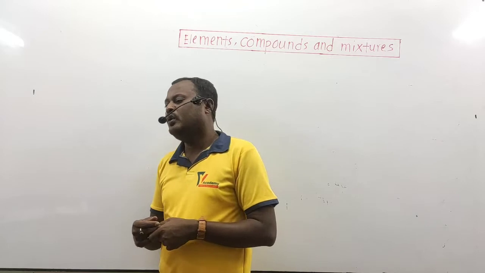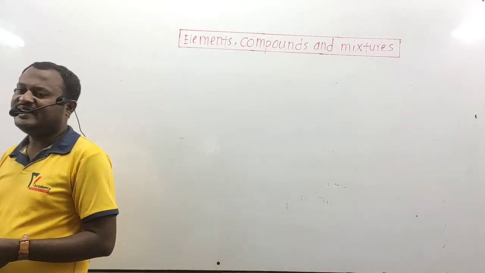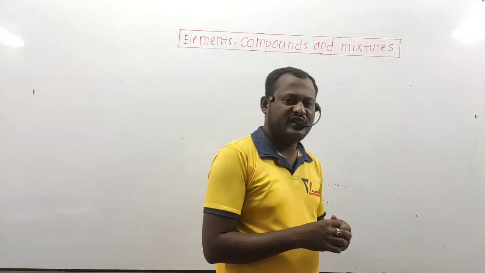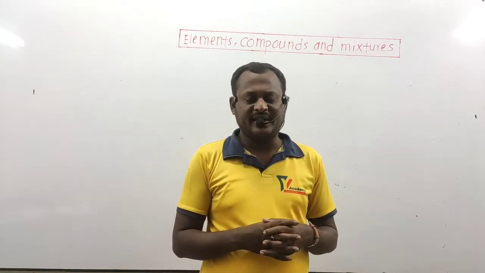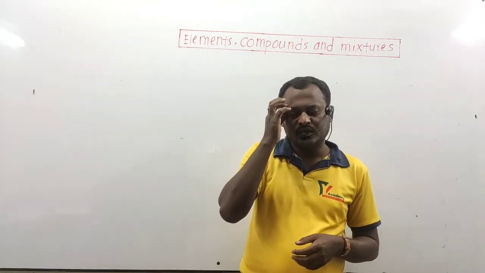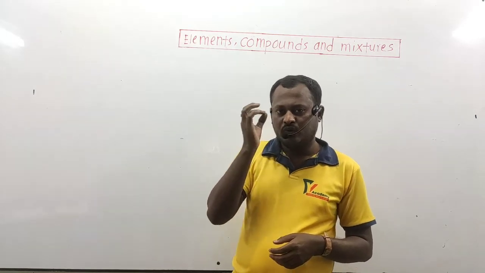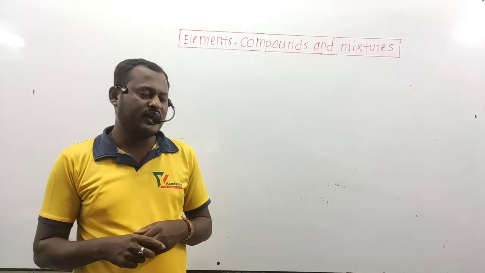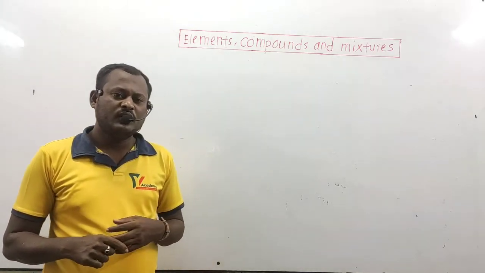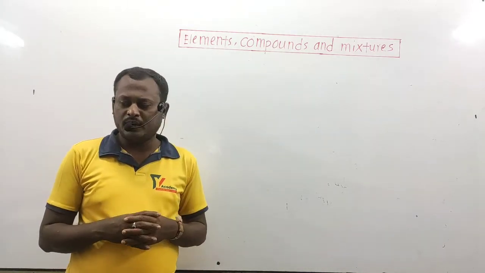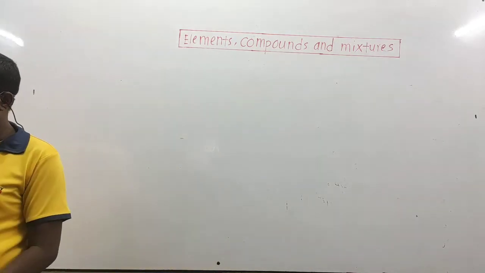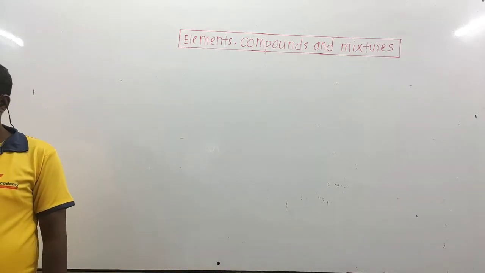Homogeneous mixture means what? In that mixture, the chemical composition is the same throughout the mixture. And if there is no uniformity in composition throughout the mixture, then that mixture is called a heterogeneous mixture.